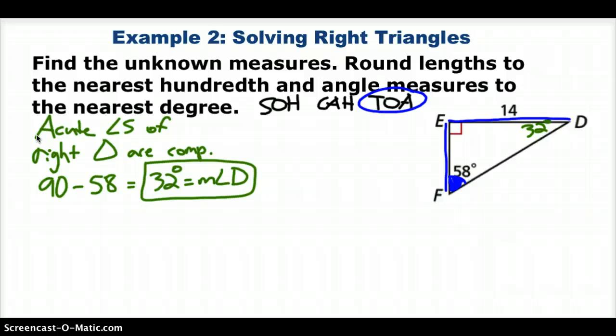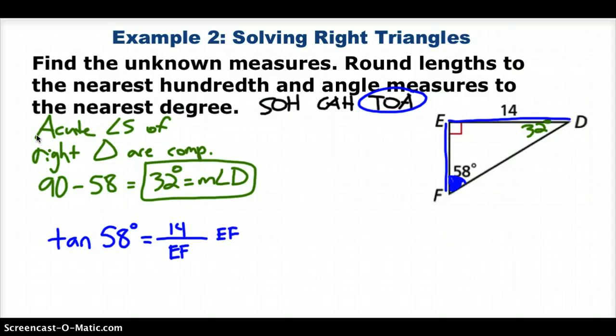So this is kind of what I'm looking at, is TOA, right? So I'm going to take the tangent of 58 degrees, and that is going to give me, let's say maybe 14 over EF, right? So it's opposite over adjacent, so that's 14 over the measurement of EF. I could multiply both sides by EF here.